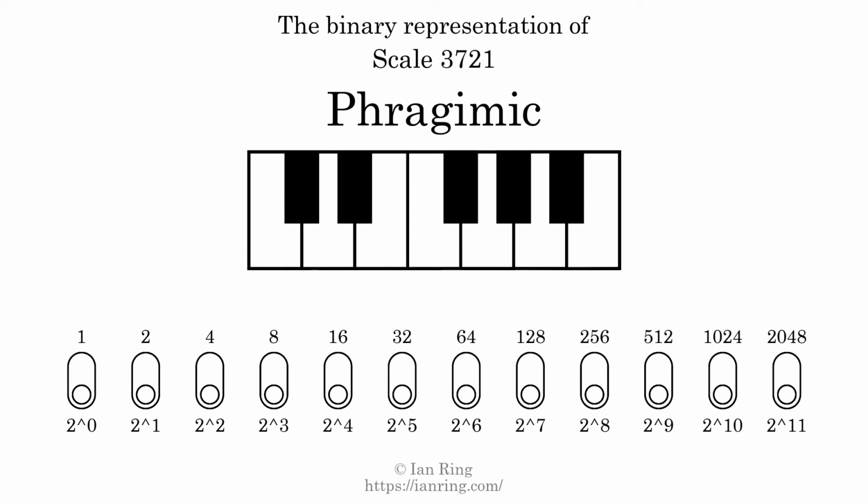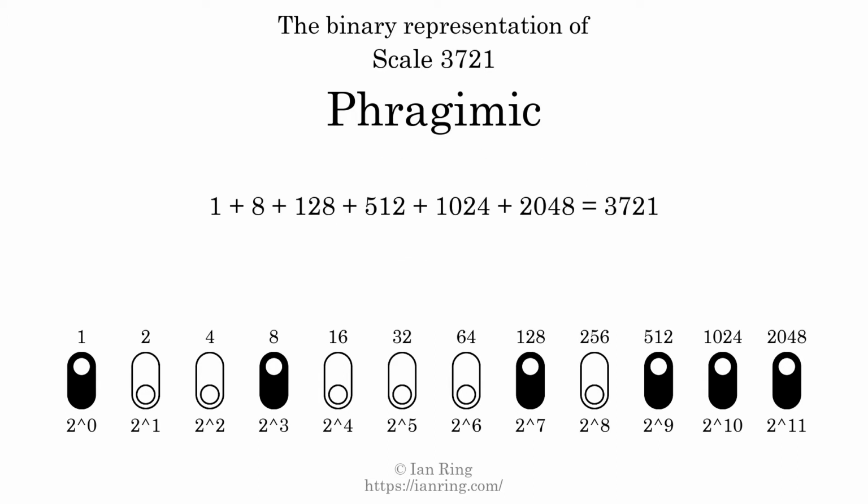The binary representation of this scale is determined by mapping tones of the scale to binary digits. Each binary digit represents a power of 2. To get the scale number, we add the powers of 2 together. The powers of 2 that are present in the scale, all added together, equals 3721.